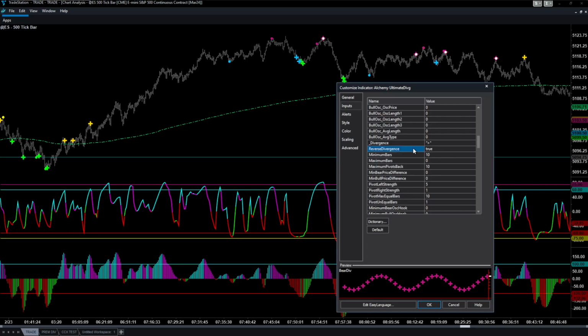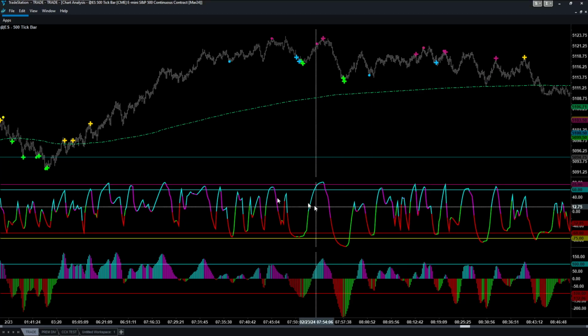And if you're going to be using thresholds, which is a good idea, true for the bullish as well as the bearish. Okay. Now we've just selected 60 as the threshold, 60 and negative 60.